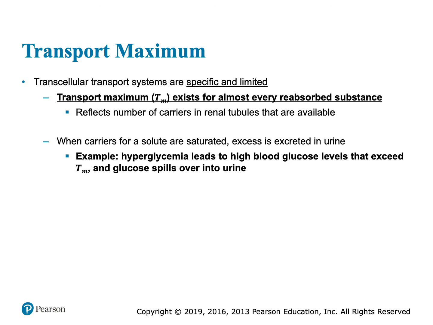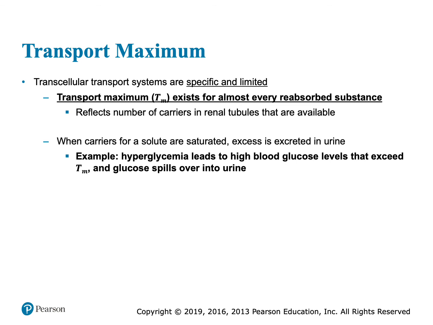Okay, now sometimes things can hit too high of a level where the cells can't keep up, especially if we're talking about moving through the cells, not sneaking between cells. Glucose is an excellent example of this. You should maintain a decent level of sugar in your blood.